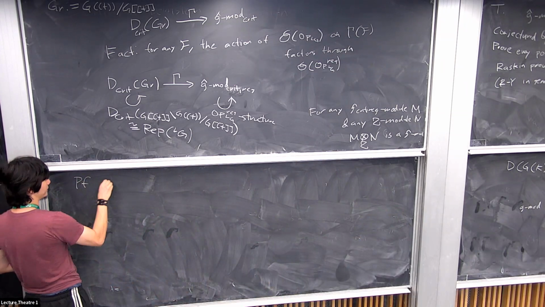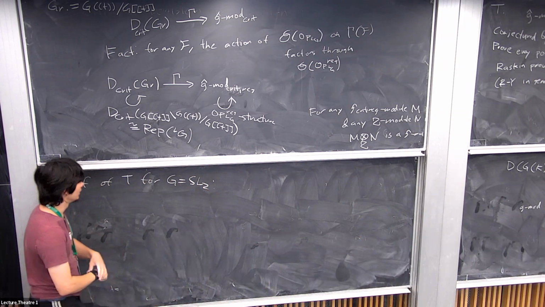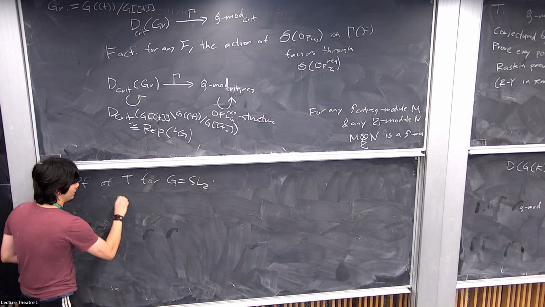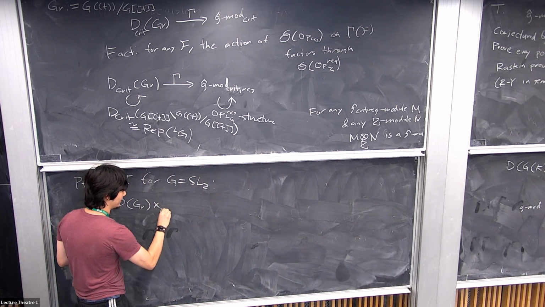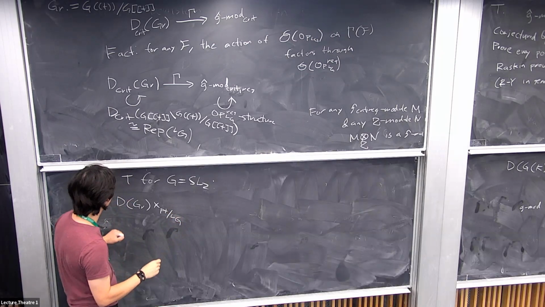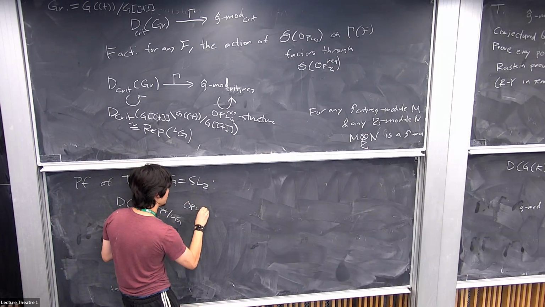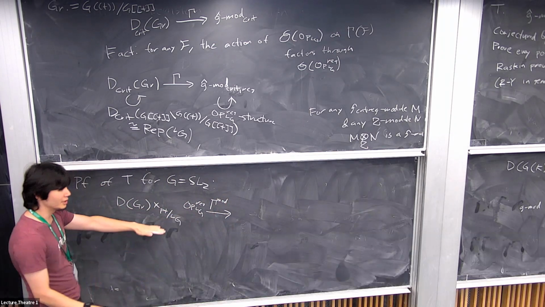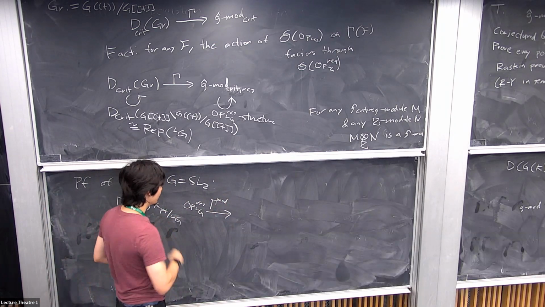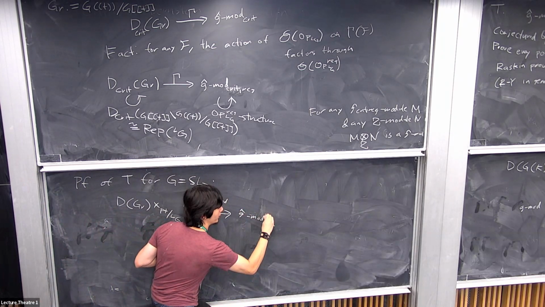Proof of the theorem for G equals SL2: you can define a map from D of Gr across point mod LG, op LG reg, using a version of the global sections functor modified to work with this fiber product, to G-hat mod reg.